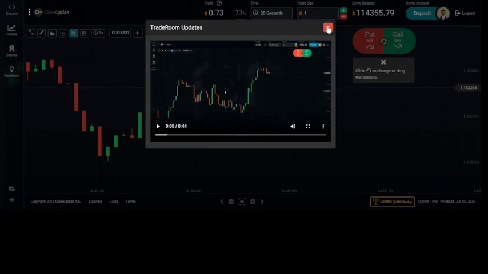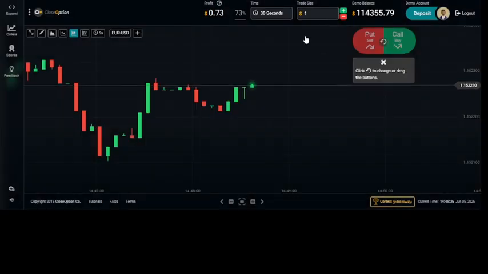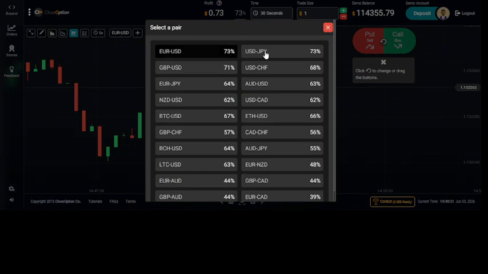Okay, now this is the user interface of the demo trading platform here. We're currently looking at the Euro USD. CloseOption has various assets available to trade.